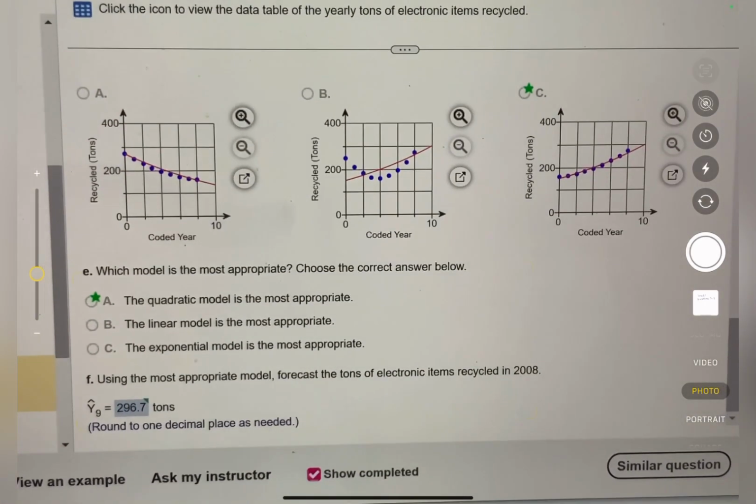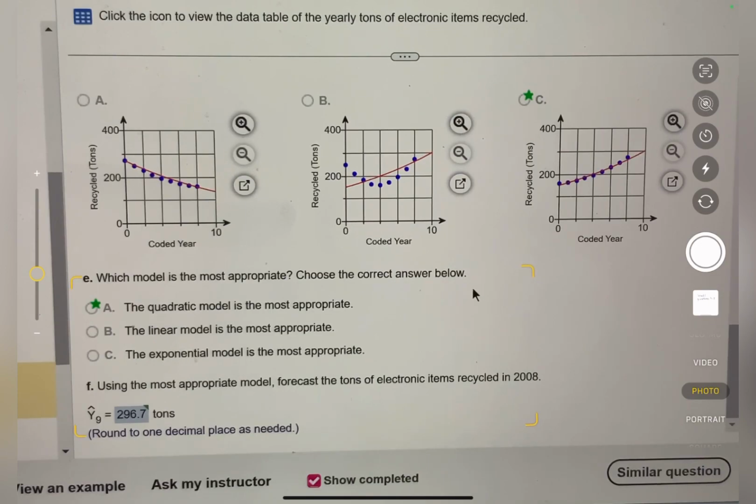And then using the most appropriate forecast model, which is going to be quadratic, forecast the tons of electronic items recycled in 2008.